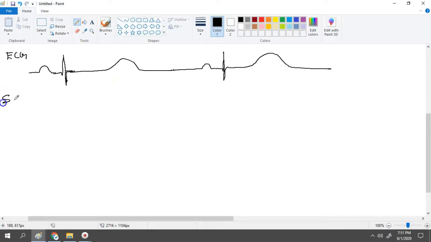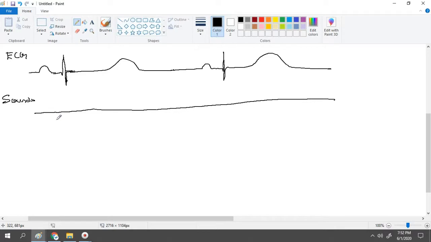Let me give the corresponding heart sounds. Now all of you know that there are two heart sounds, S1 and S2. S1 is formed due to the closure of the mitral and tricuspid valves. When the mitral and tricuspid valves close, it means that the ventricular pressure is greater than the atrial pressure, or it is evidence of ventricular systole.